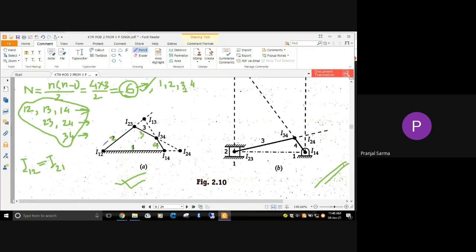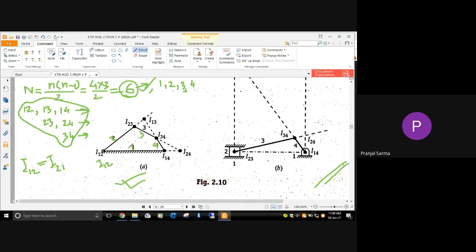Now, if two links are joined by a pin joint, where does the instantaneous center lie? It lies at the center of the pin itself. This is link one, this is link two, so I12 lies at the center of the pin itself.